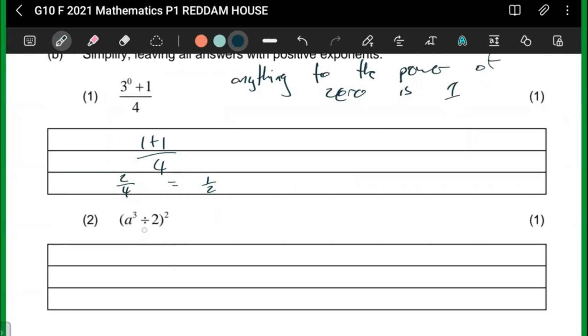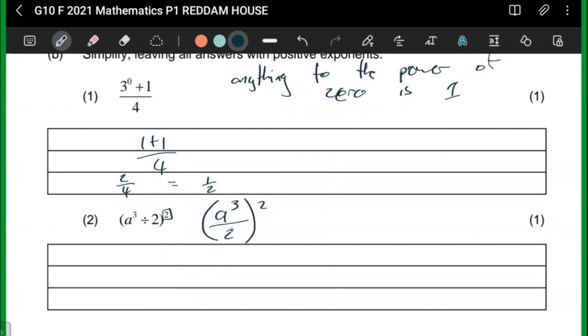Now, something like this, you have to be careful, because fortunately, because you're not adding or subtracting, the square does go for each of these individually. So what you also then need to do for yourself is to start off seeing this division symbol here. It's usually not something very comfortable to work with mathematically. So what you can do for yourself is you can just change this to a division line, meaning you'll be seeing there something like a to the power of 3 over 2, the whole thing squared.